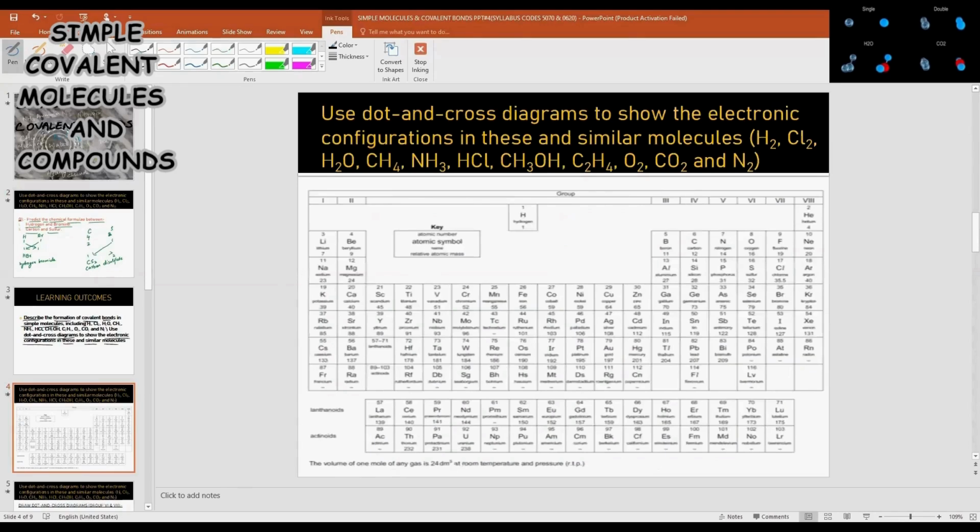Recall the valencies of non-metals only. These will be helpful in formula prediction and then dot and cross diagrams. I'm writing the valency for non-metals only, starting from group 4 and ending on group 7. Plus minus 4, group 5 minus 3, group 6 minus 2, group 7 minus 1.